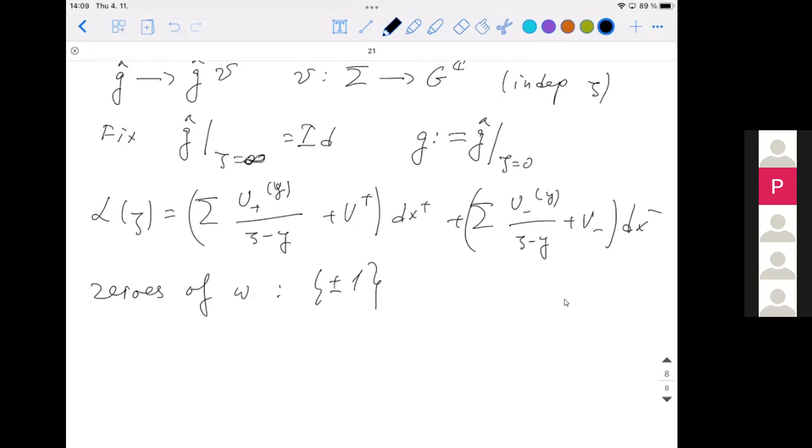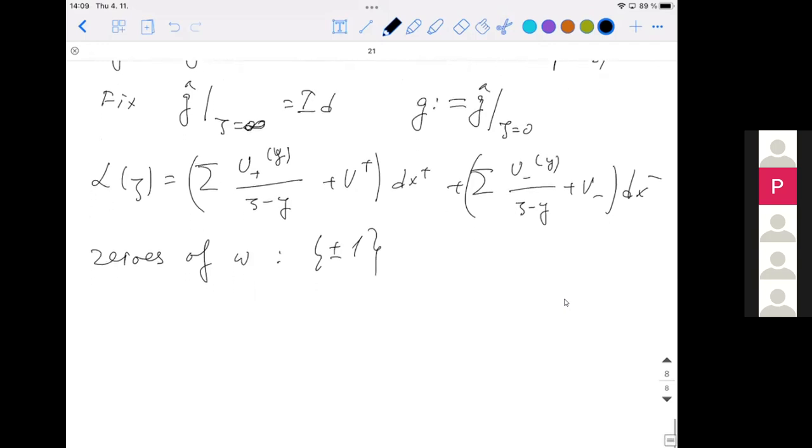Plus minus 1. So this Lax would be just, if you put plus minus 1, then you will have minus plus 1 plus phi plus minus.